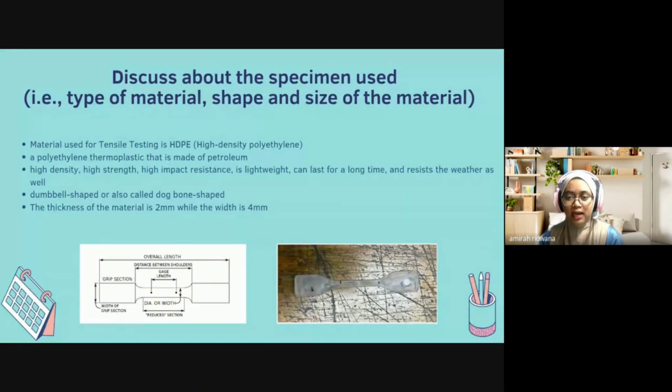The shoulders are large so they can be gripped, while the gauge section has a small cross section, therefore the deformation and failure occur in that area. The figure shows the tensile specimen. The thickness of the material is 2 mm while the width is 4 mm.